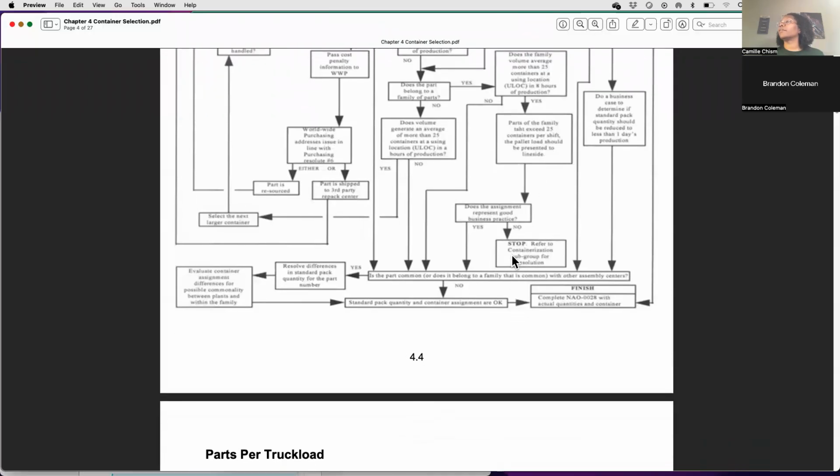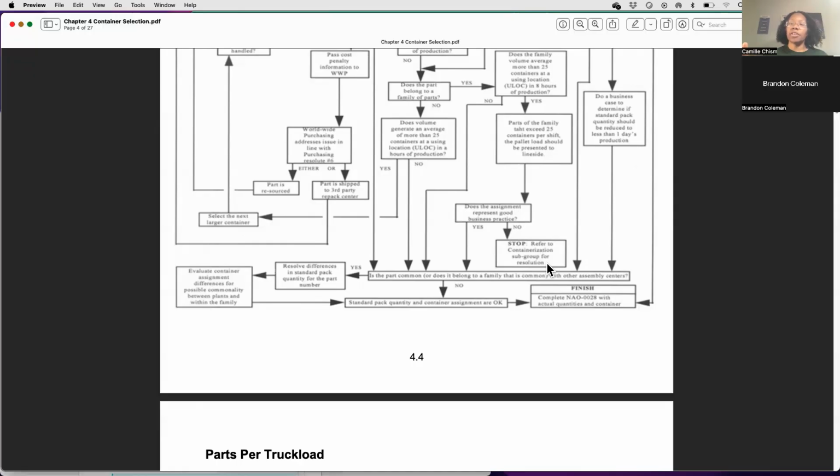Here, they have their points where they say stop, and if there's an issue, then they have a group that you would talk to and work with, which is good. So this is probably a group that's tied in with the program management team or purchasing.